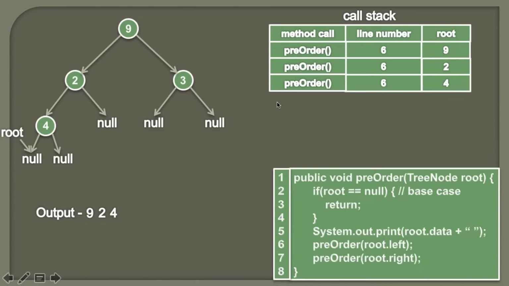And now as this method is removed from the call stack, call goes to the preorder method which was executed just before it. So we'll now start executing this preorder, and as we know that we have left this preorder at line number 6, we'll now start from line number 6. And we also know that when we left this preorder method, at that moment the root was 4. So once the call reaches this preorder, root will be pointing to 4.